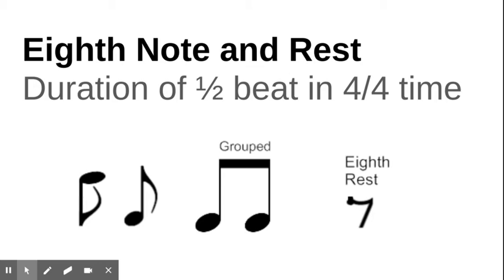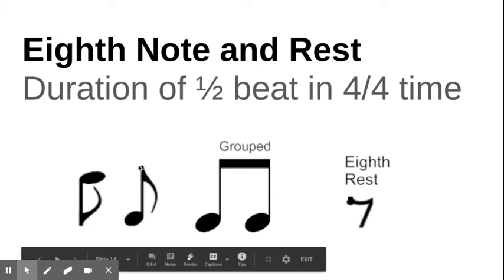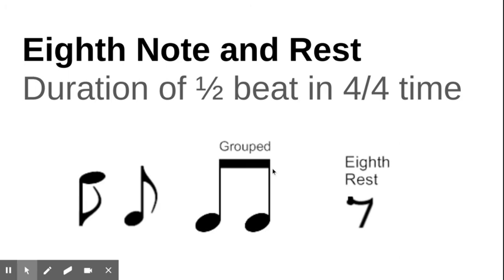The 8th note is half as long as the quarter note, so it gets a duration of a half a beat in 4/4 time. It looks a lot like the quarter note, but we've added this little flag here. Now, if I've got 2 8th notes, I can group them. In fact, I can group 4, I can group 8, and that all has to do with how it appears in the measure.